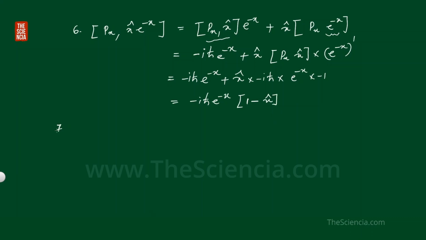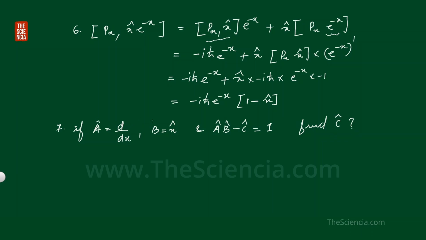Seventh problem: if a is equal to d by dx and b is equal to x cap, and [a, b] minus c is equal to I, then find the value of c. Here all are operators, right?